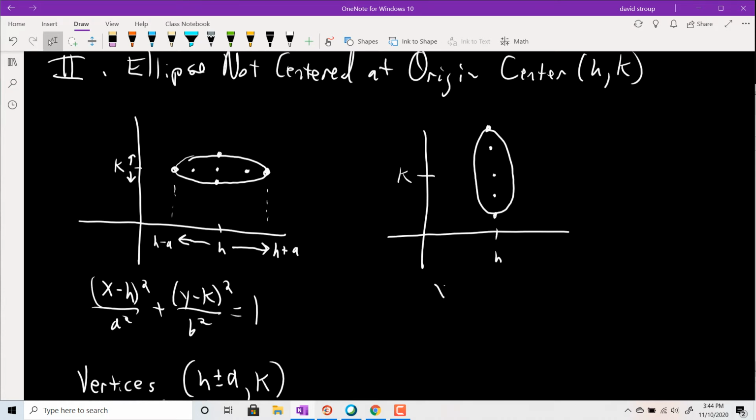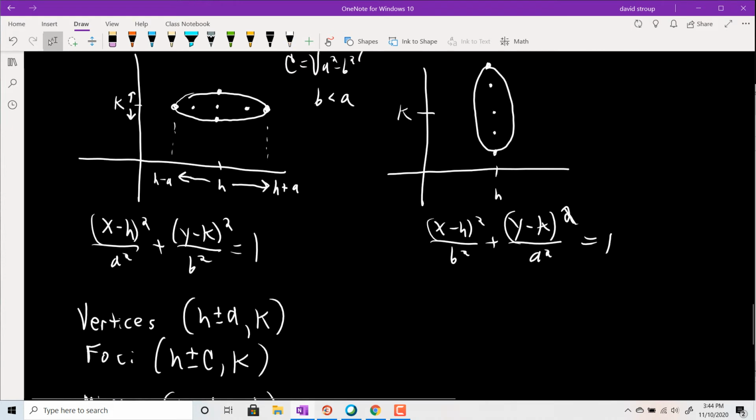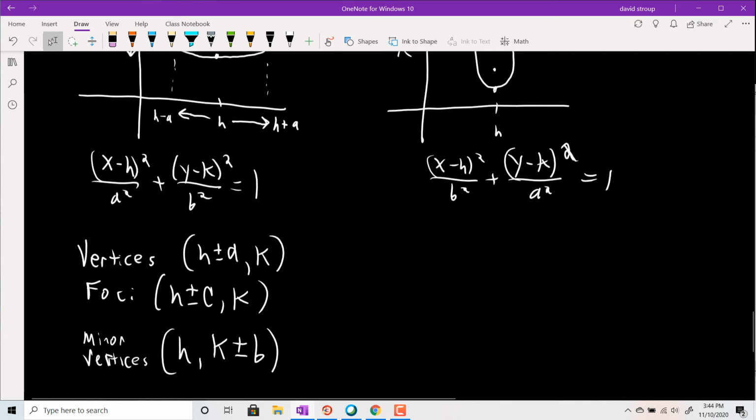So the formula this time, x minus h squared all over b squared, and then plus y minus k squared all over a squared equals 1. And then the other formula is just to remind you, c is equal to the square root of a squared minus b squared, and then b is always less than a. So if I was making a formula sheet, I won't write everything out. What I'll do is put like hints.